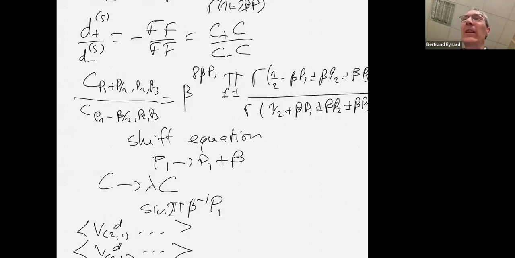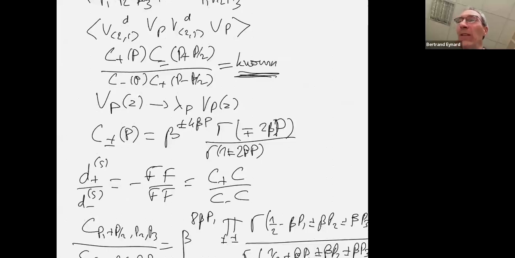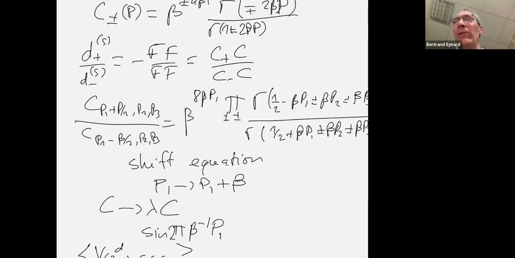Well, the last equation we had was the equation for basically C plus and C minus, whose right-hand side was also a bunch of gamma functions, and the solution was a bunch of gamma functions. But in fact, I'm trying to mislead you, because here the right-hand side is made of gamma functions, but the solution will not be made from gamma functions.